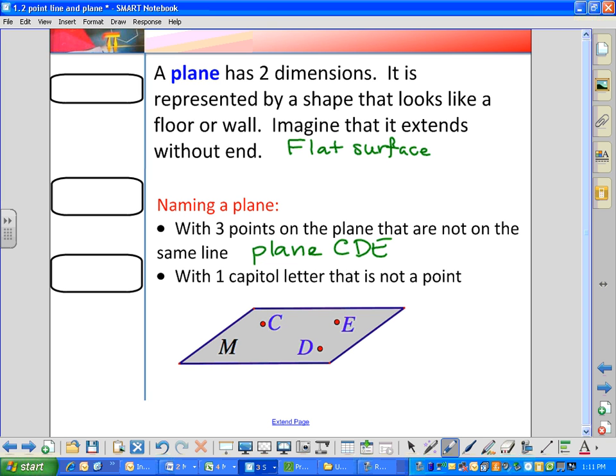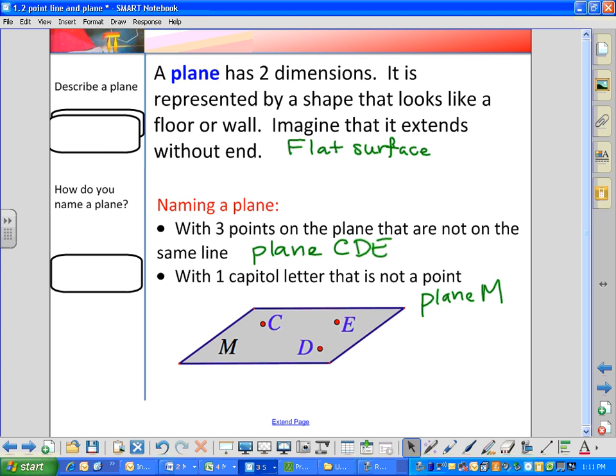The other way I can name it is with 1 capital letter that's usually somewhere in the corner of the plane, but it's not naming a point. That's just like the capital letter M. You can see how there's no red dots anywhere near it. So we could also call it plane M. So for your questions on the left here: describe a plane, how do you name a plane, and maybe even how do you draw a plane, because I think that's really important.